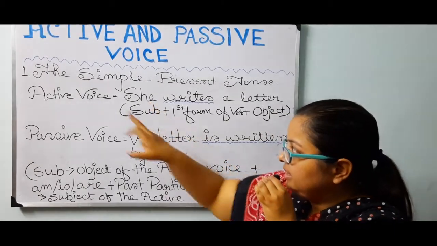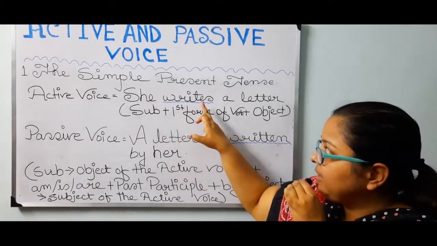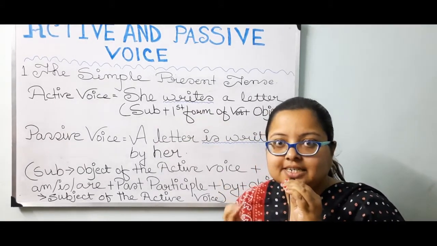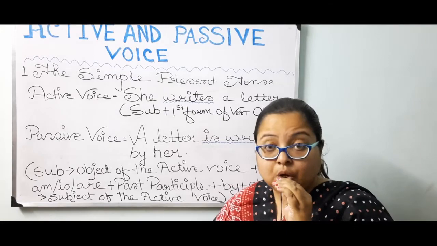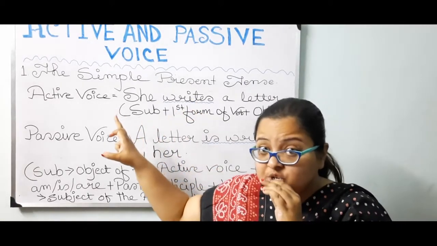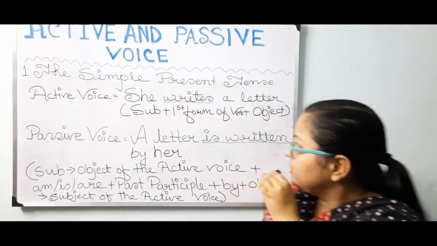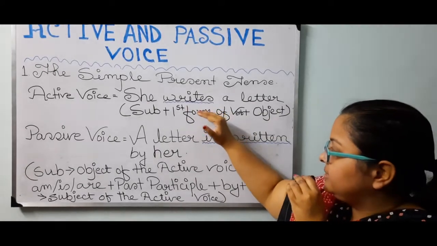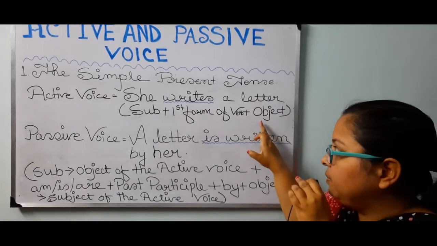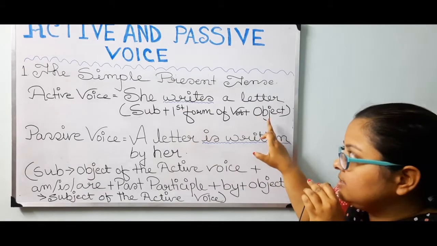She in the active voice is the subject. Then writes. Students, write is the first form of the verb, with which s is added as she is in third person singular form. So, she writes a letter, where letter is the object. So, subject plus first form of verb plus object.